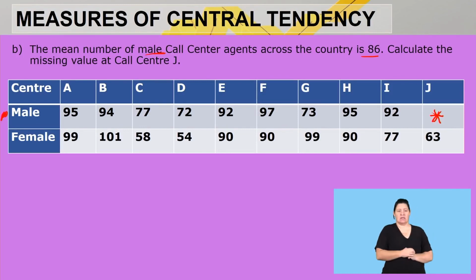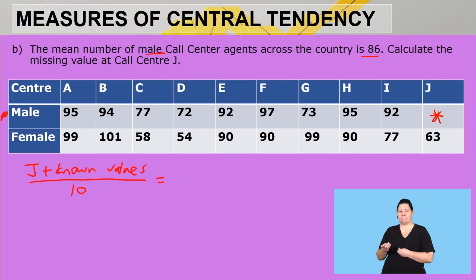Right, so therefore I'm going to say J plus all the known values. And remember we are working with the males, right? Divided by 10 must equal your 86, based on what was given to us. All right, so I don't know what J is.